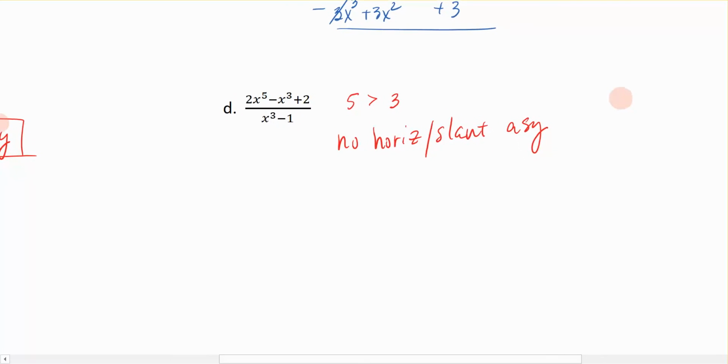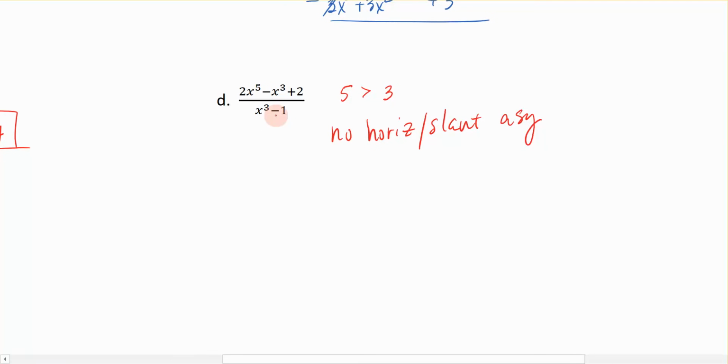Actually, what's occurring is, let me just take this for a second and do long division on it really quick. x cubed minus 1, and then I have 2x to the 5th minus x cubed plus 2. Remember, when we do long division, we ask, what do I multiply this by to turn it into this? That would be 2x squared, and I'm going to stop you right there.